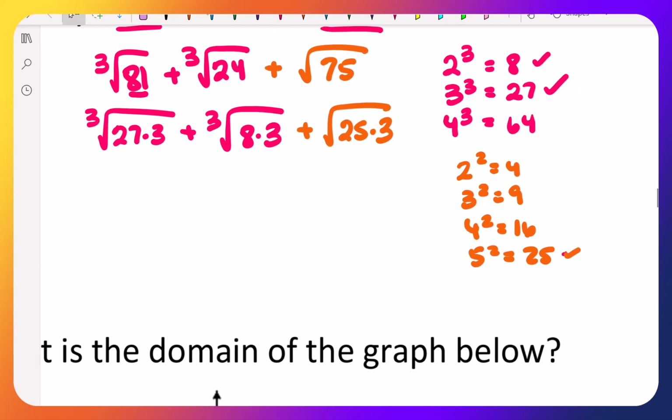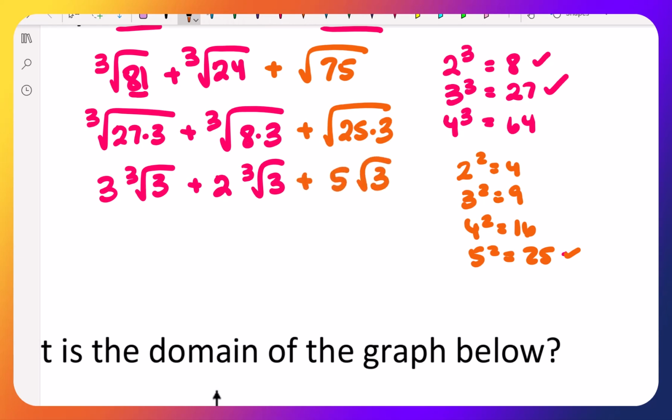Okay, so the cube root of 27 is exactly 3. Now I can't do anything with this 3, so I'm going to leave it here. The cube root of 8 is 2, and I have a little leftover 3 again. So switching gears, the square root of 25 is 5. Can't do anything about a 3. Now once again, different colors you cannot combine.